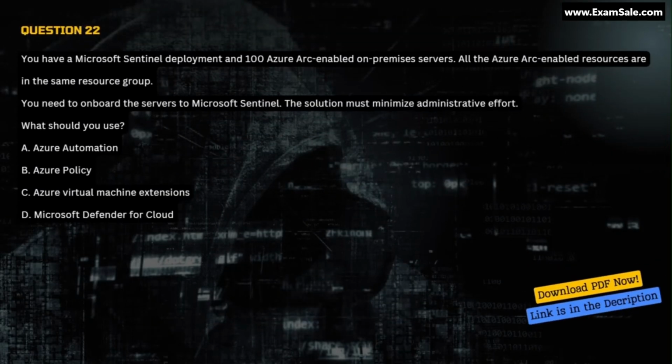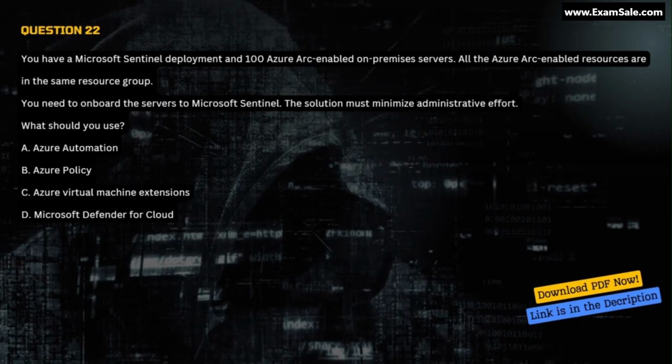Question 22. You have a Microsoft Sentinel deployment and 100 Azure Arc-enabled on-premises servers. All the Azure Arc-enabled resources are in the same resource group. You need to onboard the servers to Microsoft Sentinel. The solution must minimize administrative effort. What should you use? A. Azure Automation.